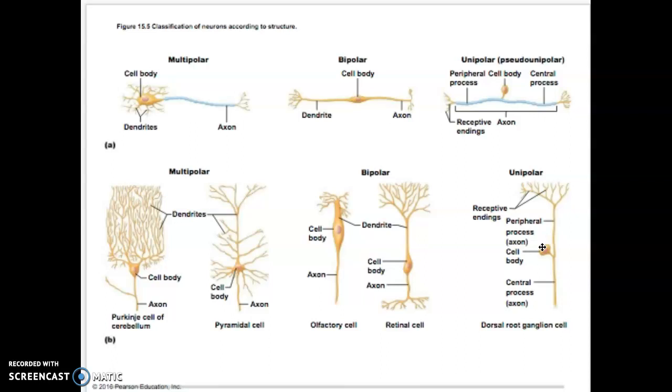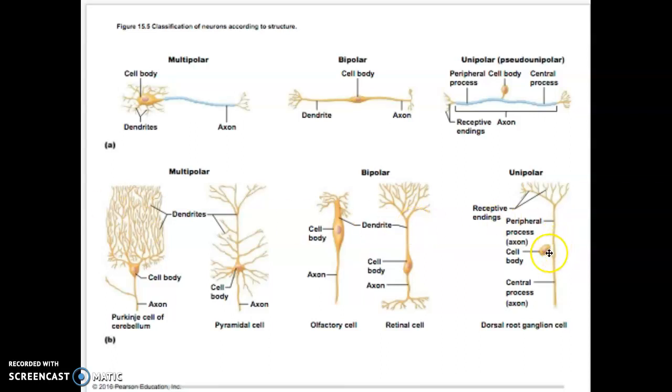And these neurons are very long. So this cell body is, I mentioned, found in the dorsal root ganglion. And dorsal root ganglions are found right by the spine, and right by the spinal cord. And these receptive endings might be at your little baby toe or something. So neurons are very long cells.